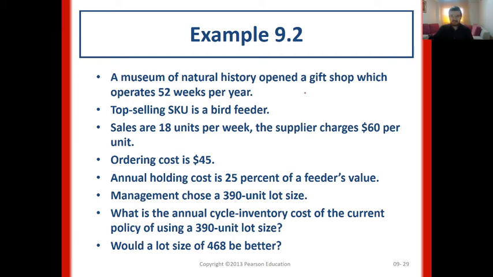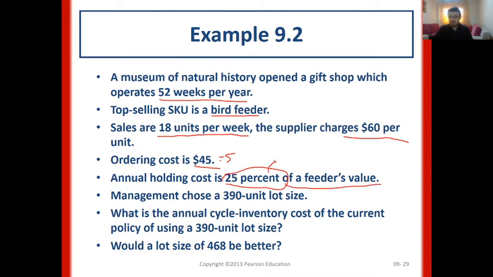So let's solve an example problem. There is a museum which operates 52 weeks per year. The top selling SKU, only one SKU, which is one of the assumptions of EOQ, is a bird feeder. Demand is 18 units per week, which is constant, and the price of the good is $60 per unit. Ordering cost, which is S, or setup cost, is $45 for every order. Annual holding cost is 25% of the feeder's value.